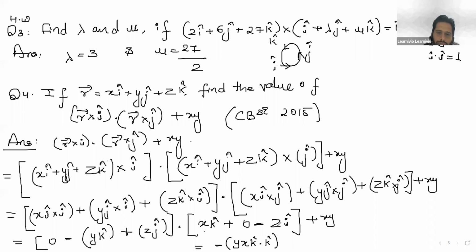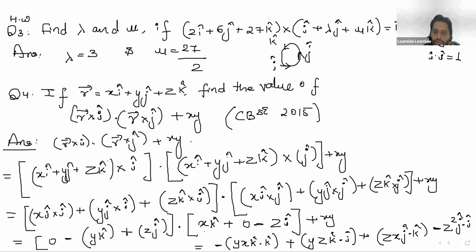Then minus plus yz, then k dot i, then zx j cap dot k cap, then minus z square j dot i.